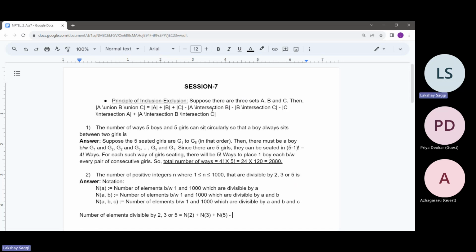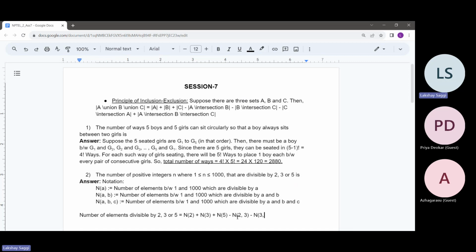And now I need to subtract the A intersection B term. A intersection B will be the number of elements between 1 and 1000 which are divisible by A as well as B. A was 2 and B was 3, so the number of elements which are divisible by 2 and 3 will be n of 2 comma 3.